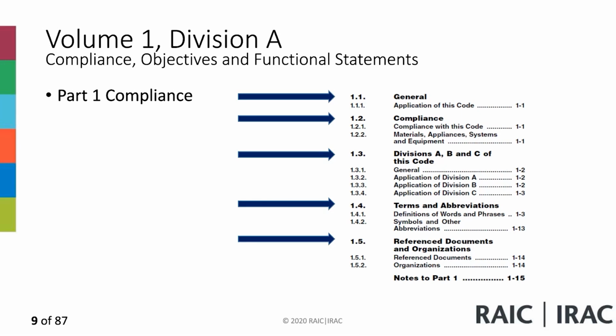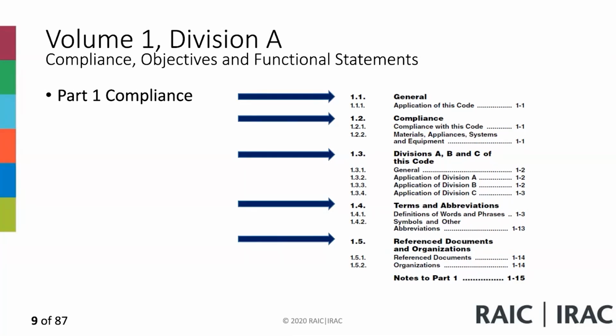If you look at the table of contents, in Part 1 there is General, and in General of Part 1, there is Section 1.1 general and the section on terms and abbreviations. Can everybody find the terms and abbreviations in Part 1 of Division B?